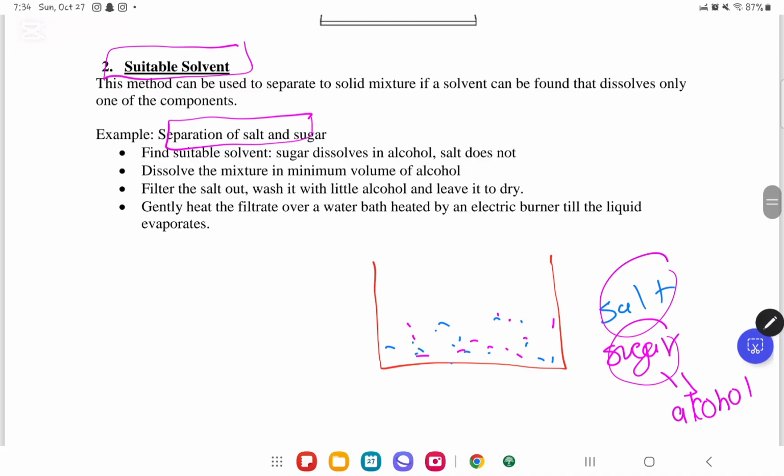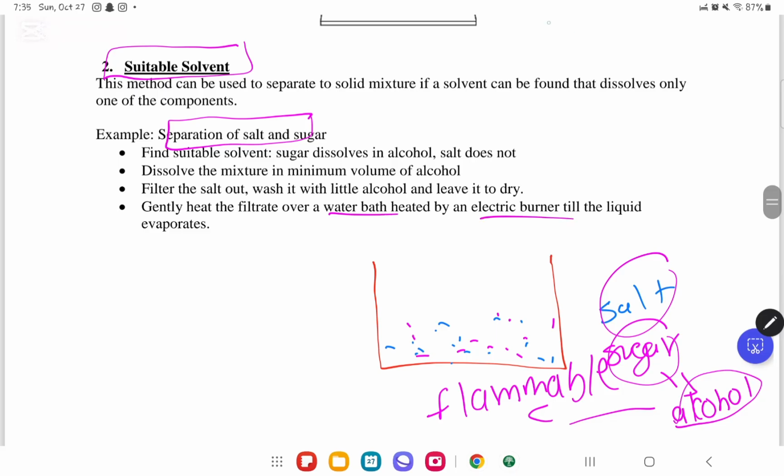Then we wash the residue with some alcohol and leave it to dry. Now the filtrate, the sugar alcohol solution, we gently heat over a water bath. Why didn't we use a Bunsen burner? Because alcohol is flammable. That's why we used only a water bath heated by an electric burner till the liquid evaporates.